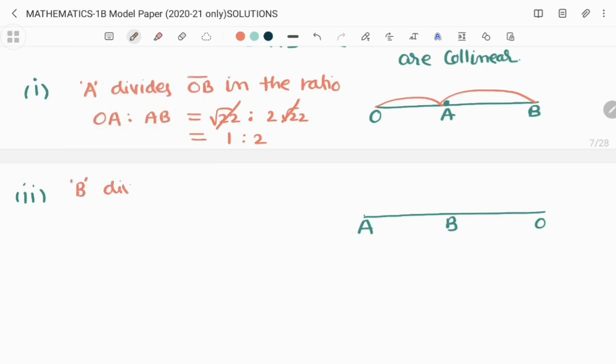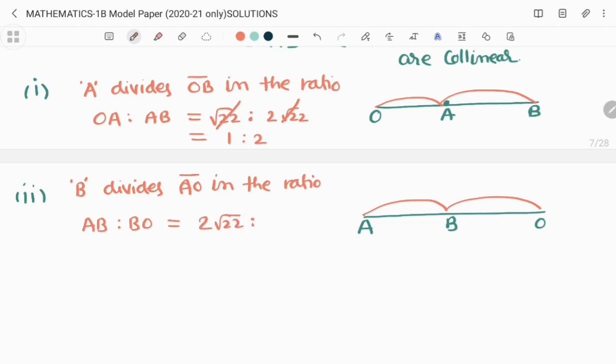B divides AO in the ratio AB is to BO. AB is to BO or OB. What is AB? 2 root 22. Is to OB or BO? Root 22. So root 22 root 22 get cancelled. 2 is to 1. This is about the second case.